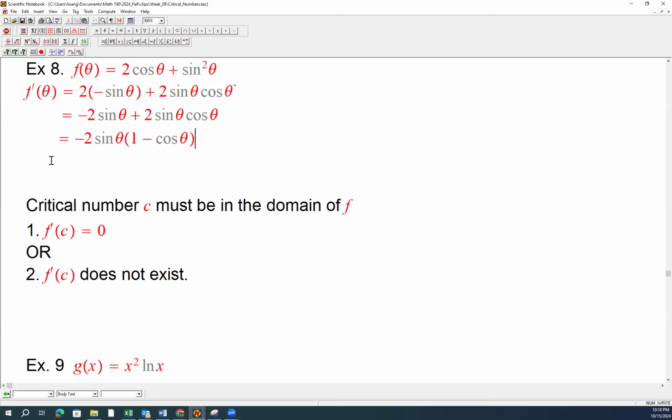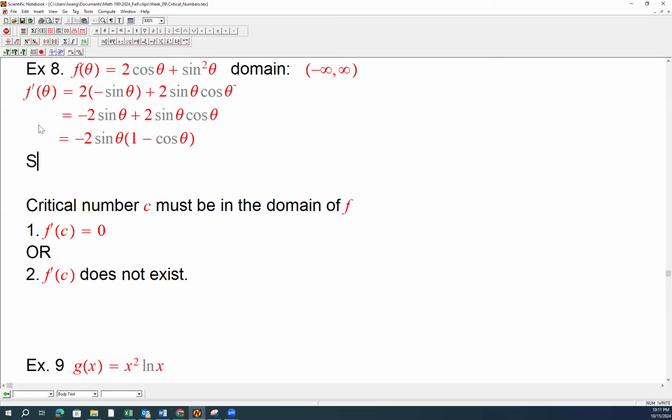So then the domain is no problem. Domain is all real numbers. So we're not going to have the category of critical numbers where the derivative does not exist.